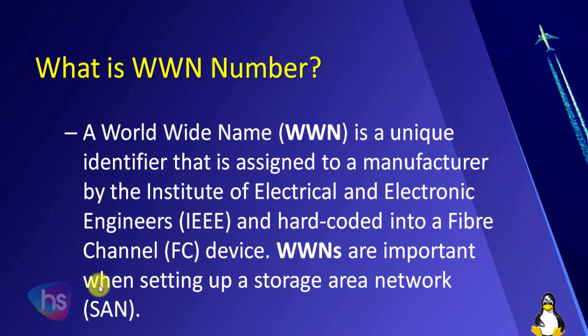Based on the LUNs, they attach using this WWN number to identify our server. It's a unique identifier assigned to the manufacturer by the Institute of Electrical and Electronics Engineers, the IEEE standards, hard coded into a Fibre Channel. WWNs are important when setting up a storage area network.